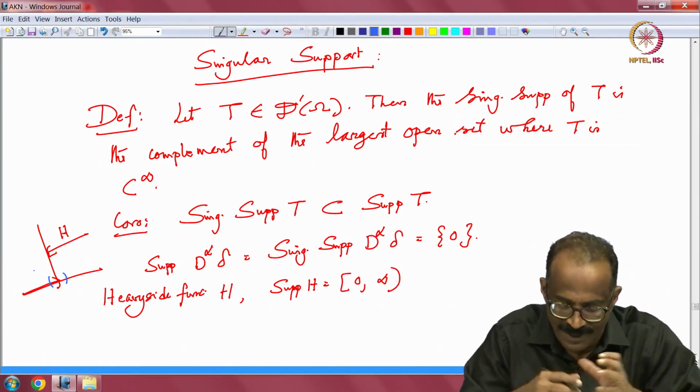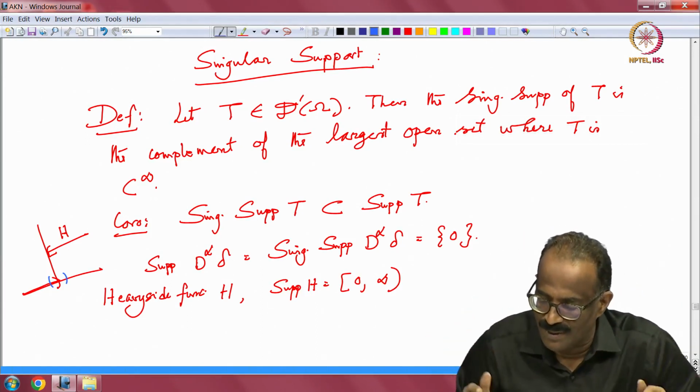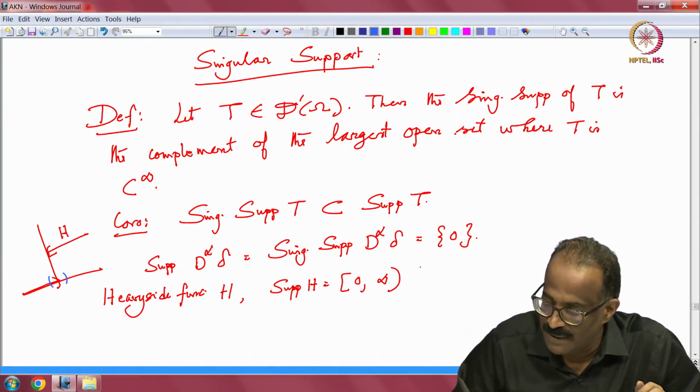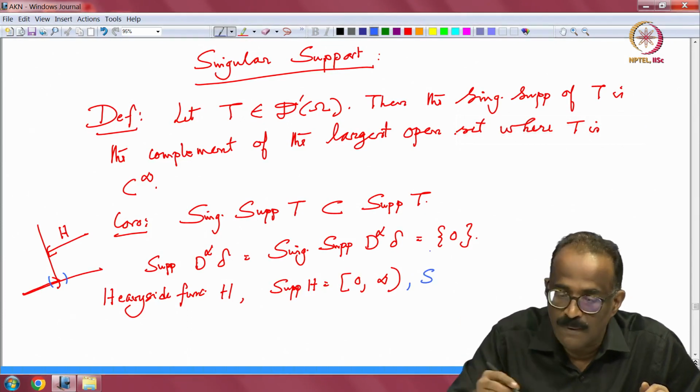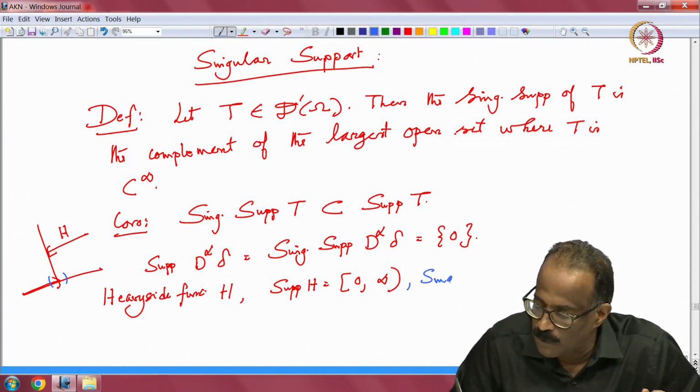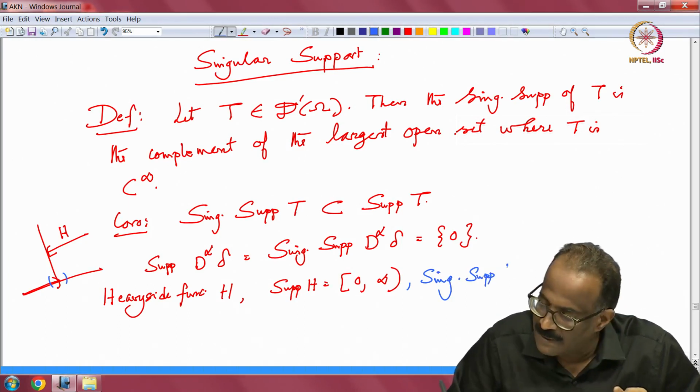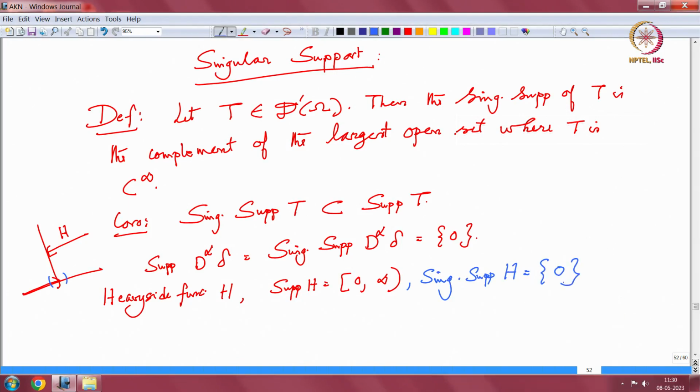Of course this is disconnected, but you can say that in the union it is a C infinity function. So the singular support of H is equal to 0. You see the support and singular support are different. So you can calculate the singular supports. Okay.